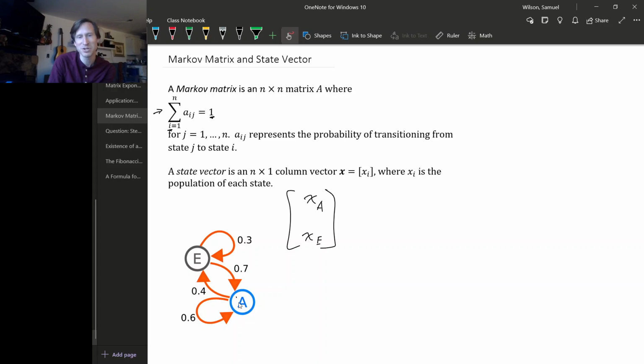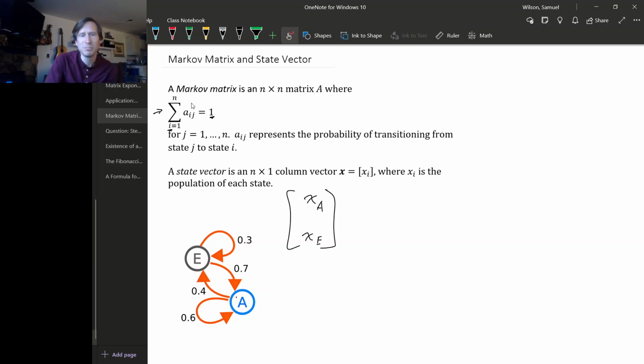So you pick up a token, roll a die maybe to decide which of these two arrows you follow, and then you follow that arrow. So at every time step, you move every token according to the probabilities, and that redistributes all of the tokens between the states again.